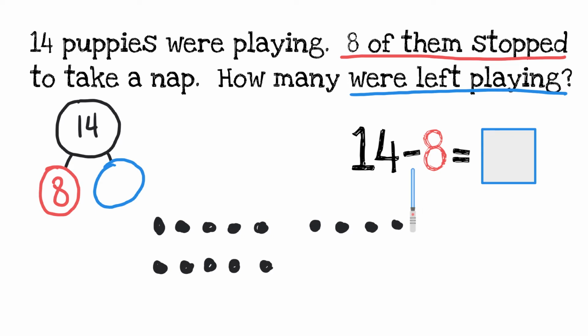This time we're subtracting. And remember, we're using both addition and subtraction strategies today to solve these word problems. So right now we're going to do our subtraction. And what do we do to show or to model subtraction? Yeah, that's right. We cross them out. So we're going to cross out 8 because that's what we're subtracting. So we've crossed out 8.